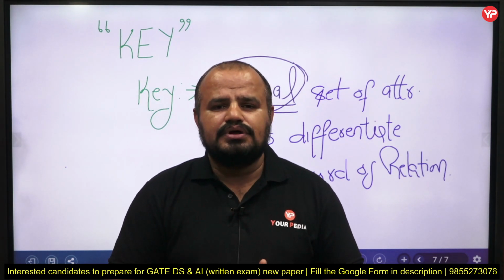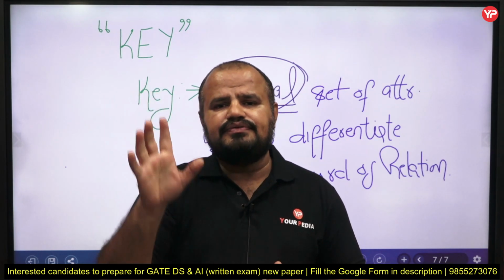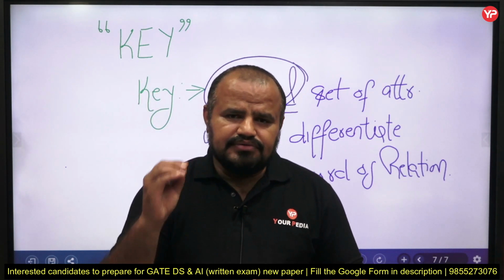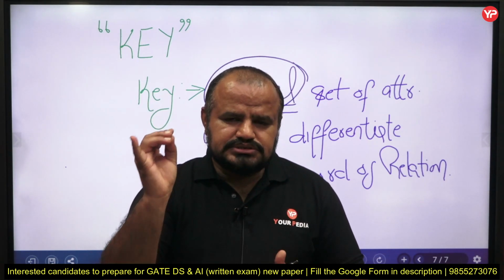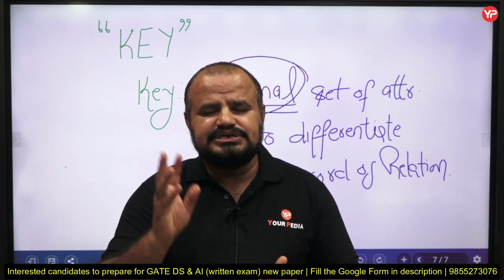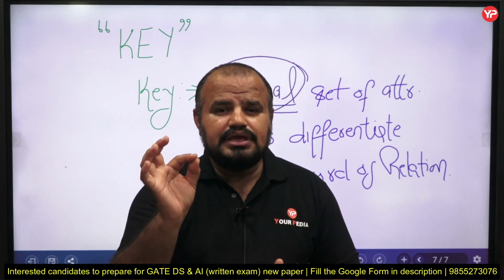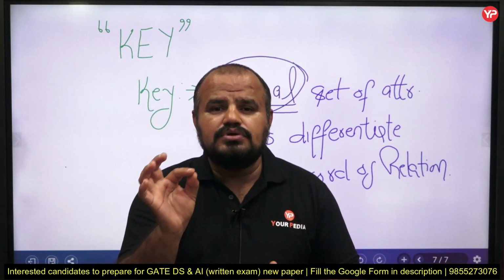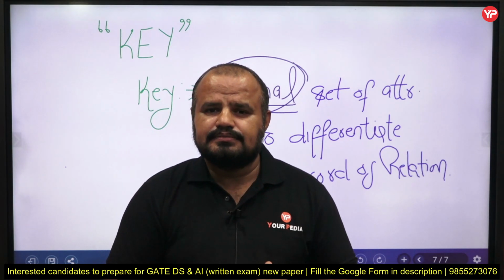Then what can you do? You assign a unique number to each and every student, even though they may have the same name, or same address, or same gender. That unique number is called the roll number, given to each and every student.